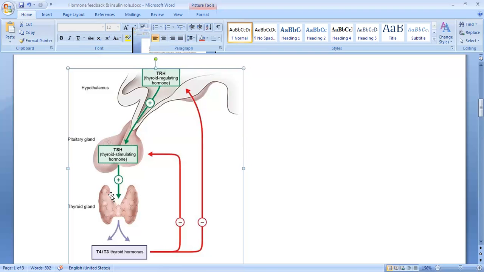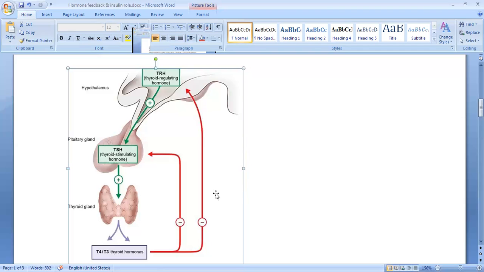Because of that, what will happen? The thyroid gland stimulation will stop. When thyroid gland stimulation stops, production of the T3 and T4 hormones will stop. Then whatever T3 and T4 are there in the blood will be utilized for whatever action is required in the body. After they are completely utilized, the level will start dropping.